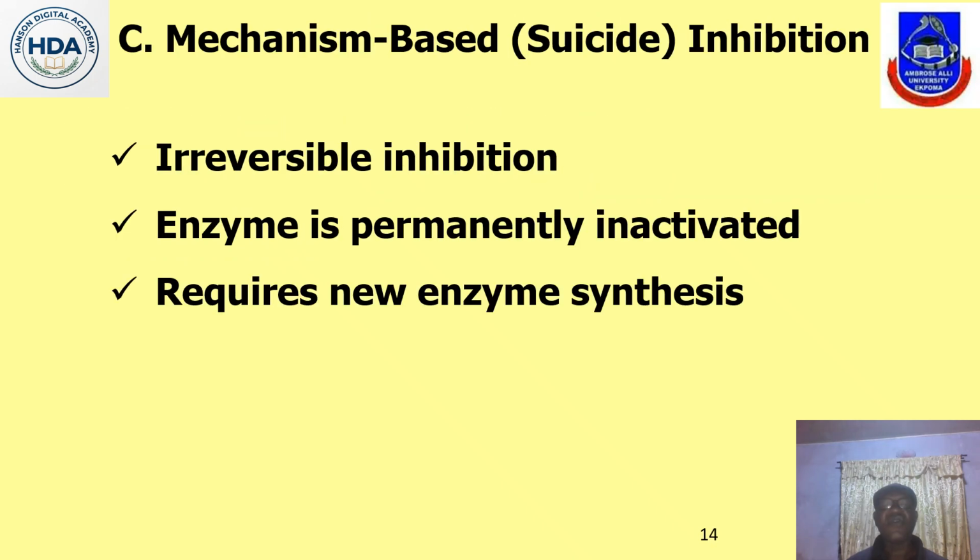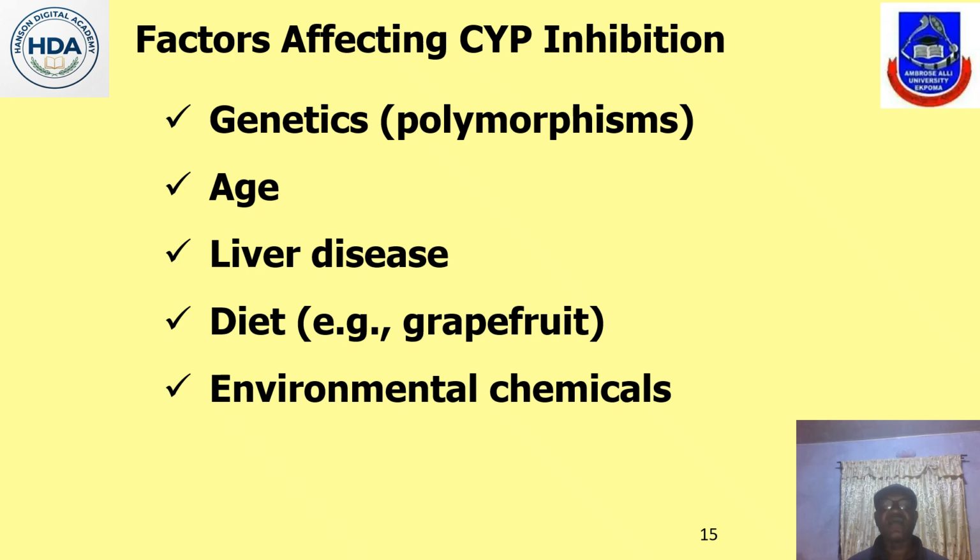Now, there is also the mechanism-based inhibition, which is often referred to as suicide inhibition. This is irreversible in nature, whereby the enzyme is permanently inactivated and requires new enzyme synthesis when such enzyme action is required. Now let's quickly look at factors affecting cytochrome P450 inhibition.